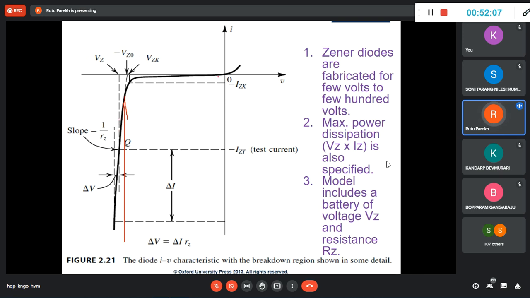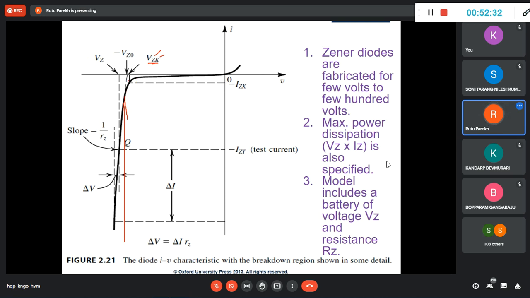Now, when you see this curve, this is in nano to pico range, and almost we say this is off, not almost. This is off condition, although practically there is a nano pico ampere of current. But then after this voltage, that is VZK, that is Zener knee voltage, it is like this shape of our knee, right?